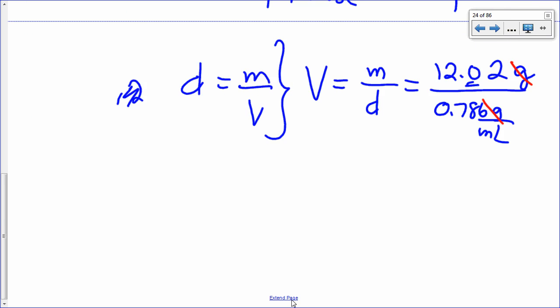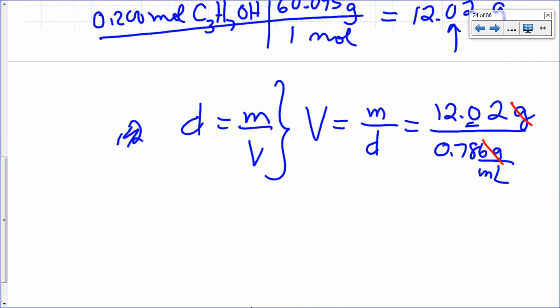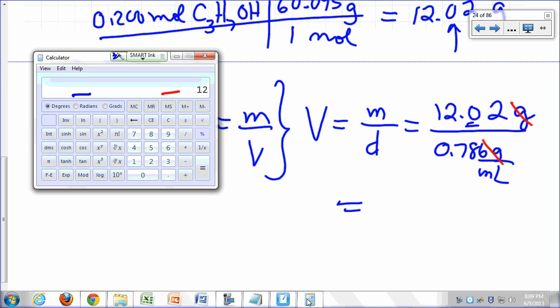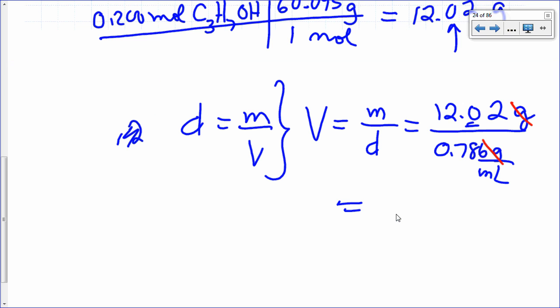And that should give you how much? 12 divided by 0.786. It's 15.29, 3 sig figs, so that's 15.3 milliliters.